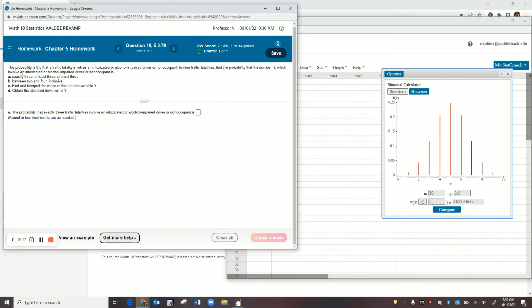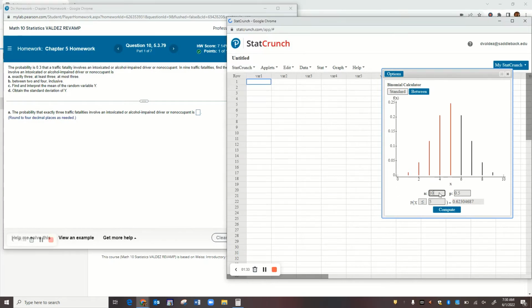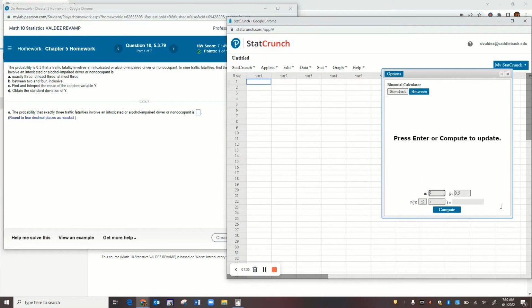So notice here, p, the probability that a traffic fatality involves an intoxicated or alcohol impaired driver, is 0.3. So that's p. Could you find n? N is 9 right here, okay? 9 traffic fatalities. So I'm going to enter those in here. N is 9. P is 0.3.